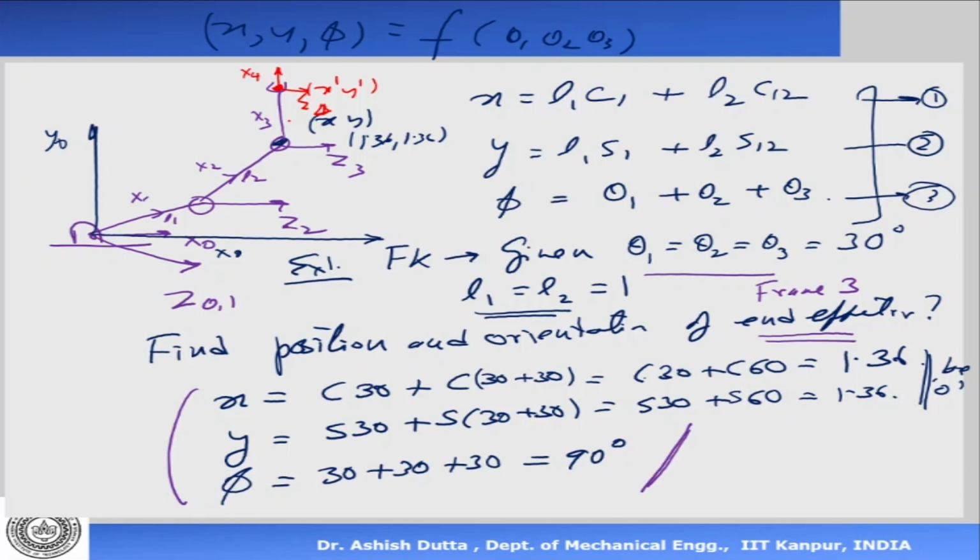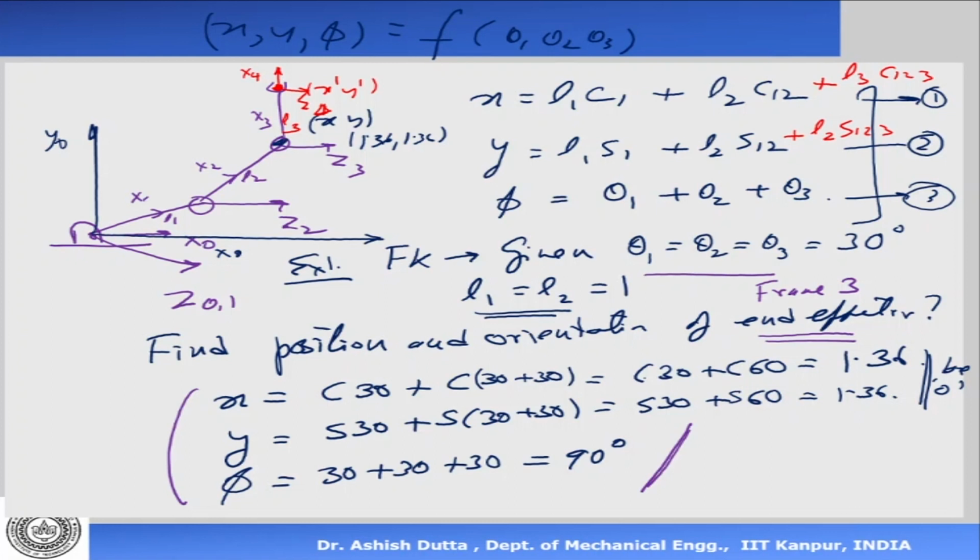So this L3 will get added on there, and you'll get one more term here, so it will become L3 cos (theta 1 plus 2 plus 3), plus this will become L3 sin (theta 1 plus 2 plus 3). I hope you understand. So that is what will give you the coordinate of that point.